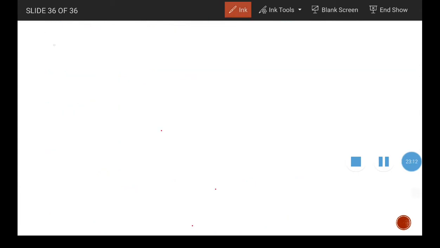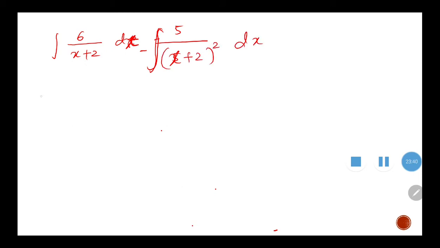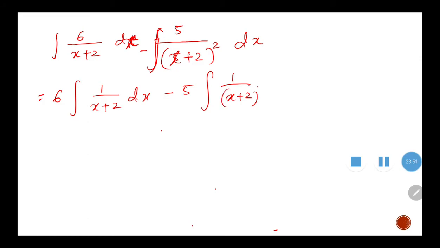So now we have, I'm going to write back here, the integral of 6 over x plus 2 dx minus the integral of 5 over x plus 2 squared dx. And 6 we can put outside, leaving 1 over x plus 2 dx, minus 5 put outside, 1 over x plus 2 squared dx.